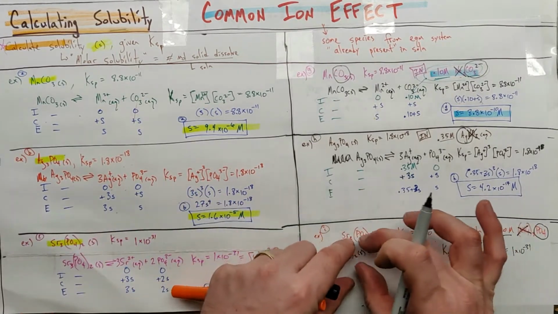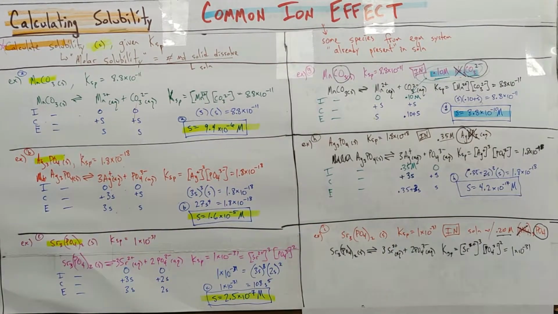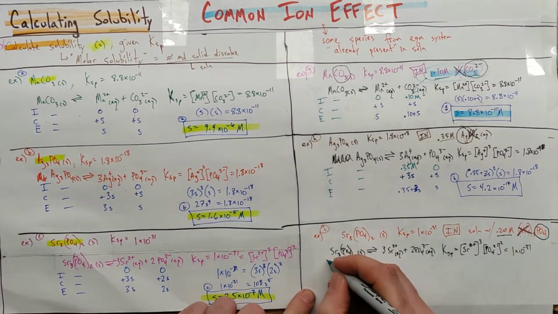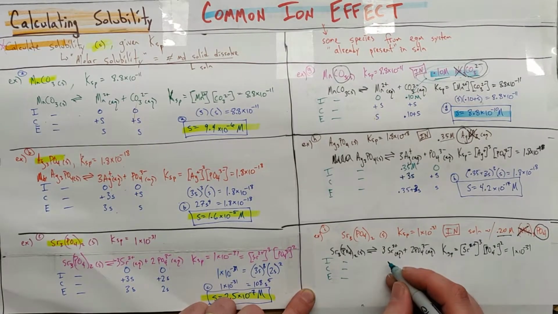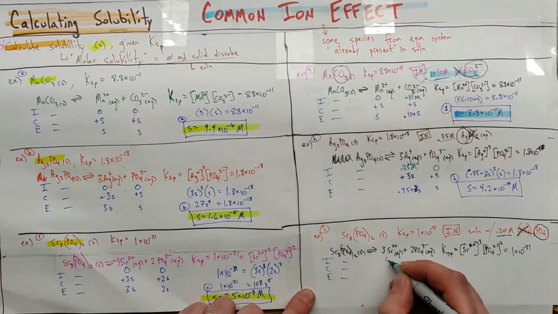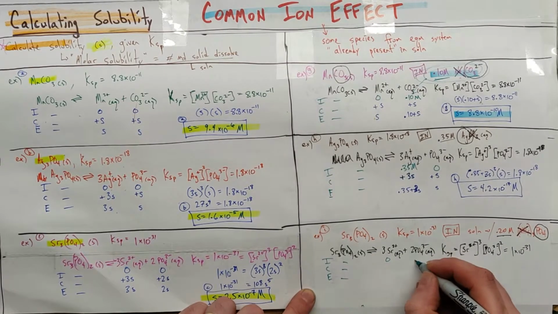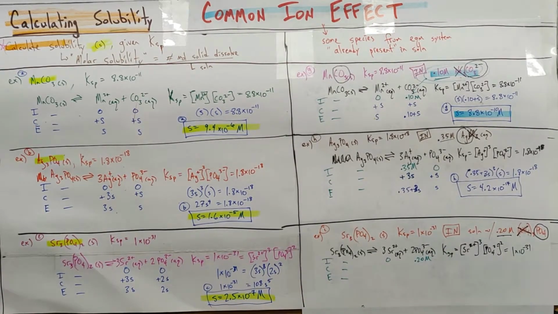All of that is exactly the same as all of that. Now we just need to set up that ICE problem. All of this is the same. I don't have any strontium ions starting out, but I do have some phosphate. I have 0.20 molar right there.